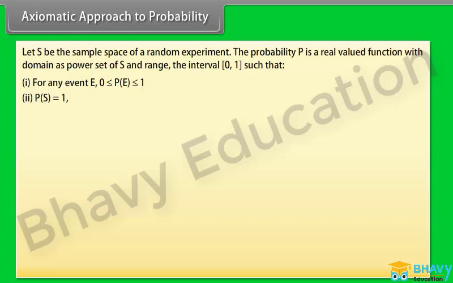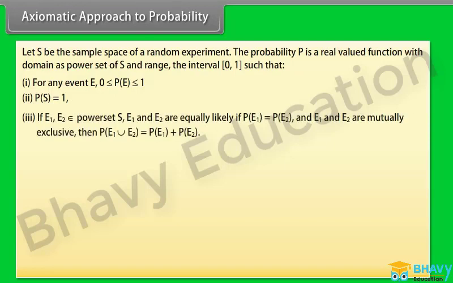And 3. If E1, E2 belong to power set S, E1 and E2 are equally likely if P(E1) is equal to P(E2), and E1 and E2 are mutually exclusive, then P(E1 union E2) is equal to P(E1) plus P(E2), where P(E) is called the probability of event E.